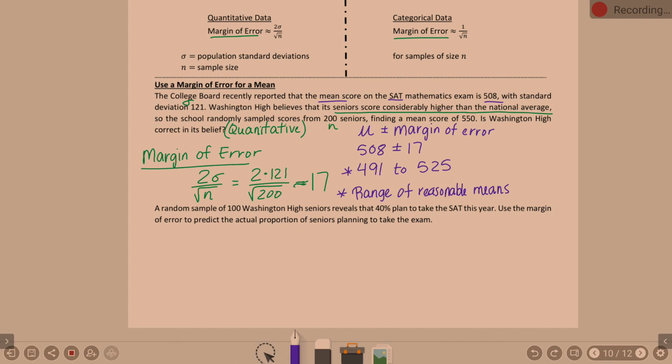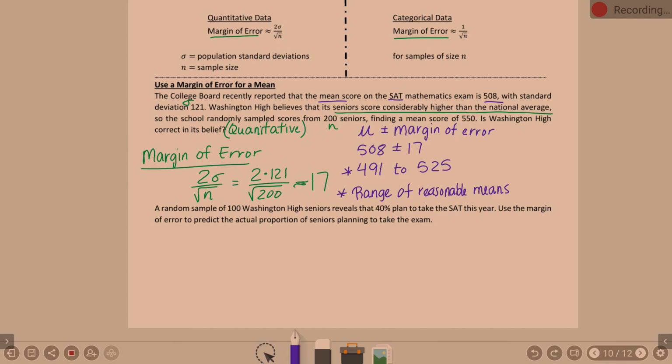Based on that information, the SAT mean is 508. To be average, if your school's average is in the 491 to 525 range, that's your margin of error. Now, go back to Washington High's claim. Is Washington High correct in its belief?